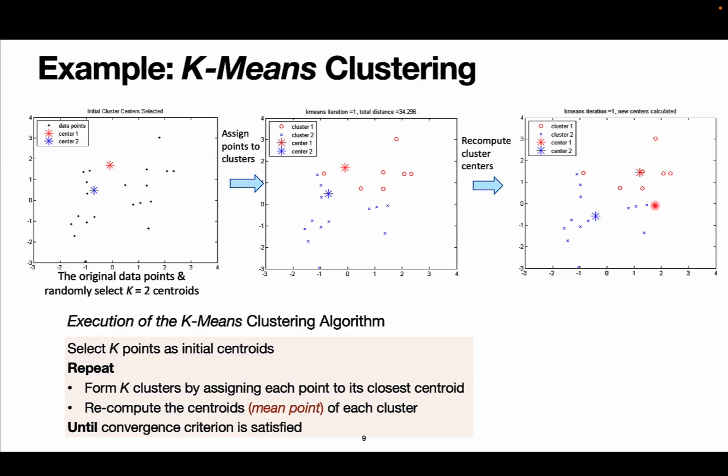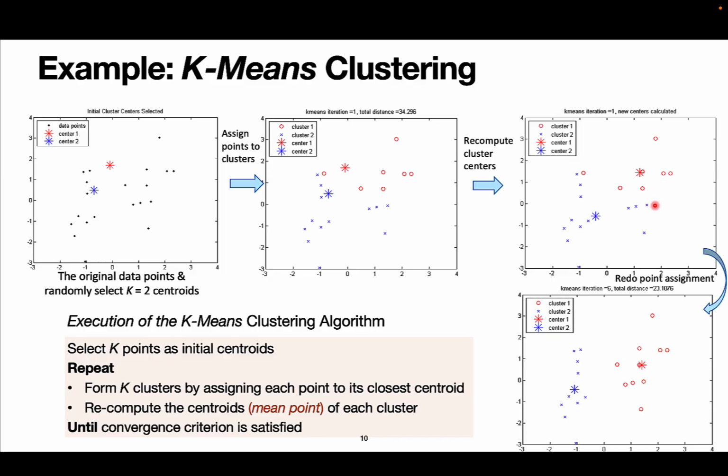Now that the centroids have moved, the points have to check again, recompute the distances, and change a clustering if needed. The process will continue until convergence happens. This is basically the k-means algorithm, simple to implement, works reasonably well in many cases.